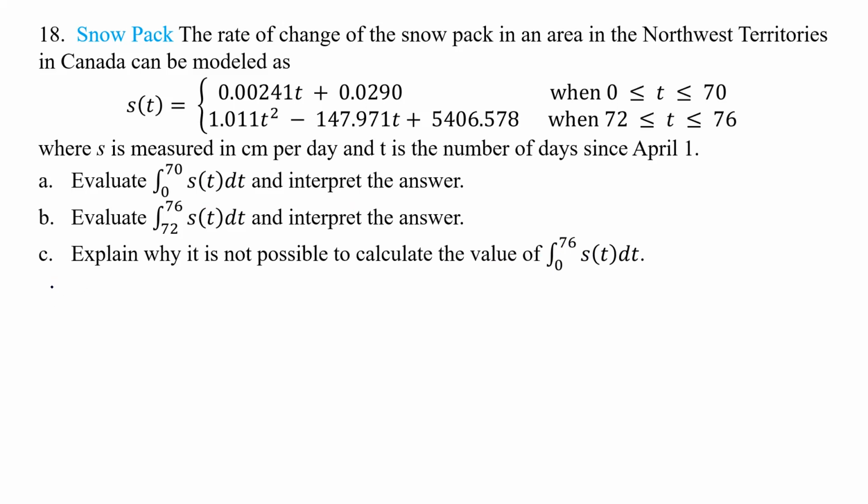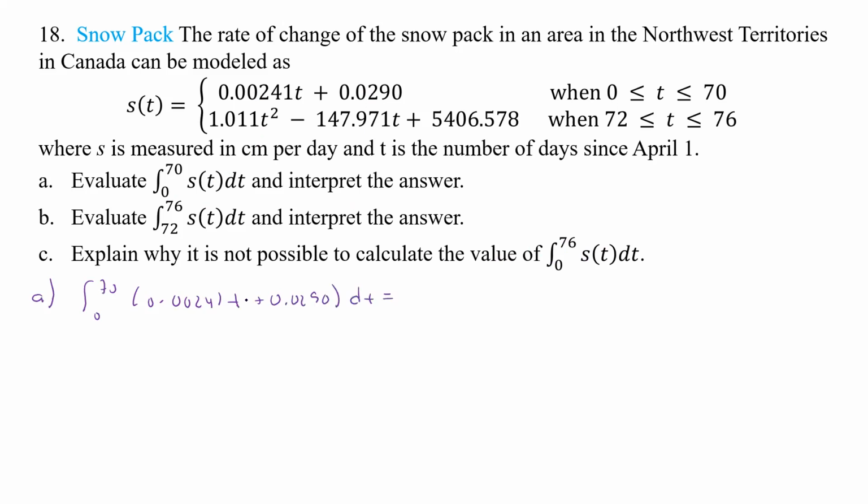So for part A, we're on 0 to 70, and we're just looking at the first piece, the integral of 0.00241 t plus 0.0290 dt.